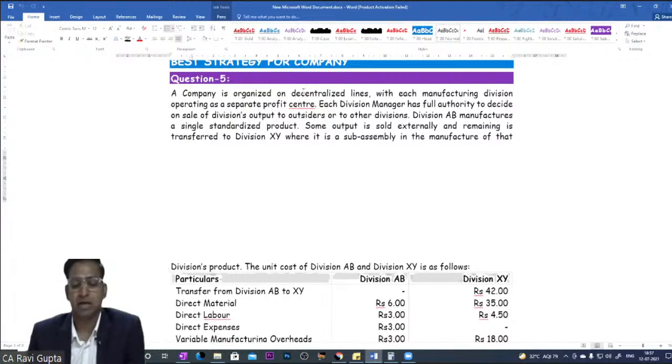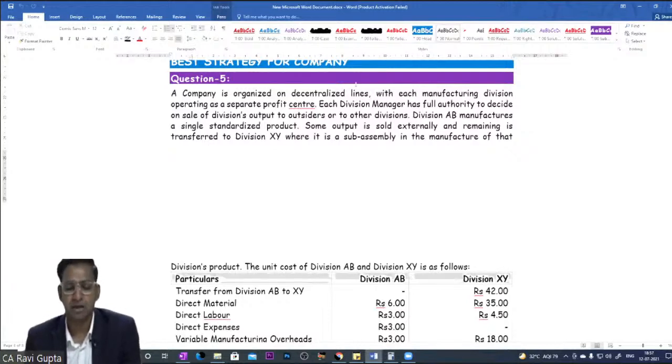A company is organized on a decentralized line with the manufacturing divisions operating as a separate profit center, and you know the meaning of profit centers and decentralized lines. Each division manager has the full authority to decide on the sales of the division output to outsiders or to other divisions. Division AB manufactures a single standardized product.